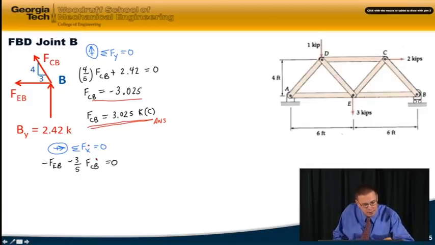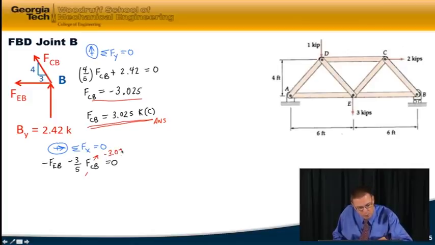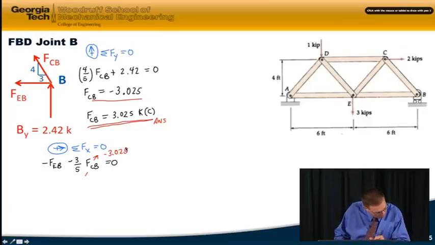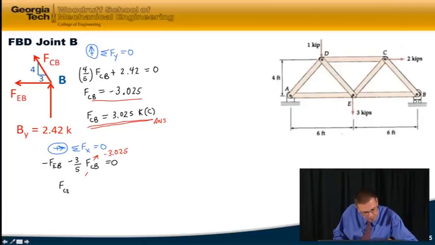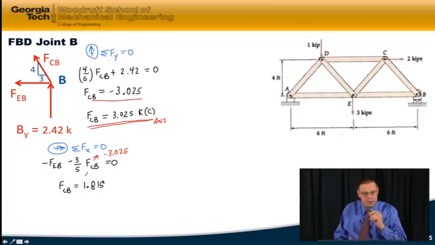Substituting, we found that FCB was equal to minus 3.025. And so that gives us FEB equals 1.815. And it's positive, so that means that member is in tension.